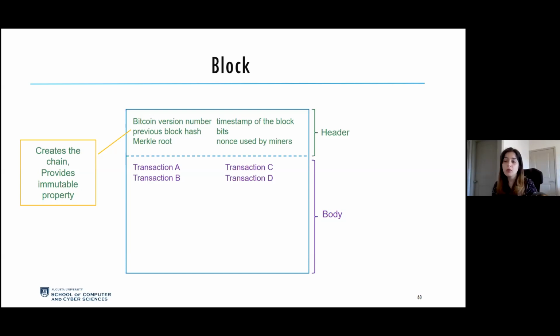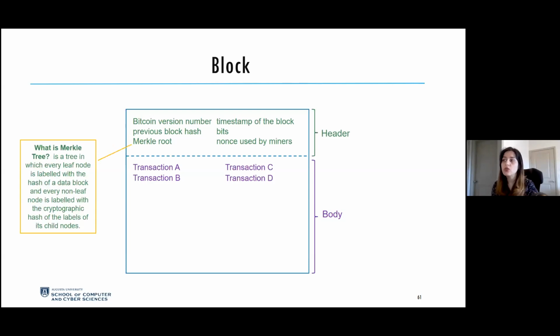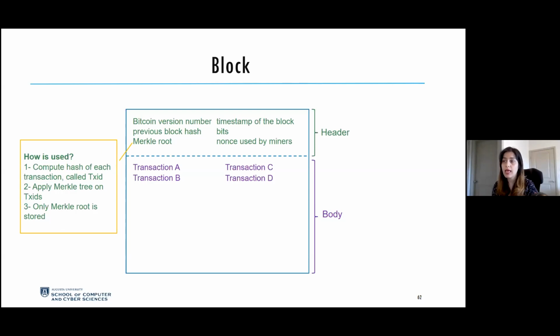As I said, when you create your new block, you have to compute the hash value of the previous block and add it here. This is part of where the immutable property comes from, and we're going to explain it more. You need to compute the Merkle tree root, and we explained how this is happening.